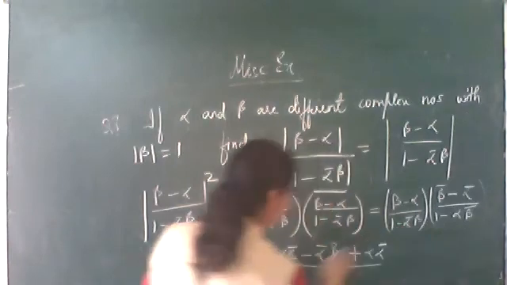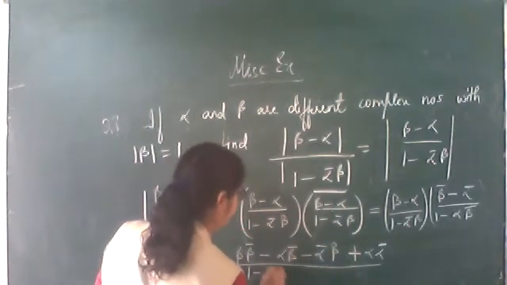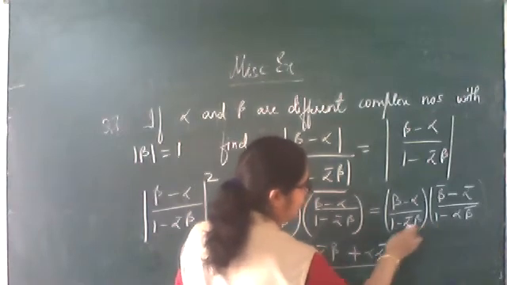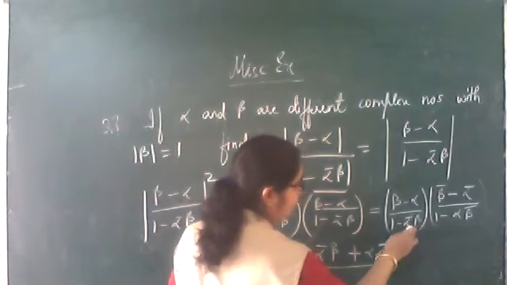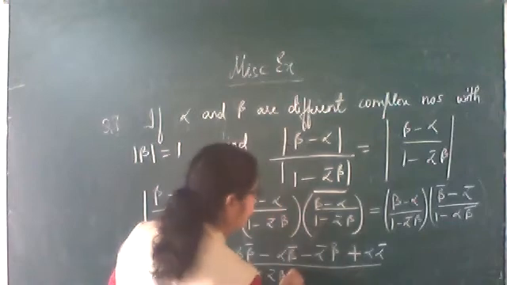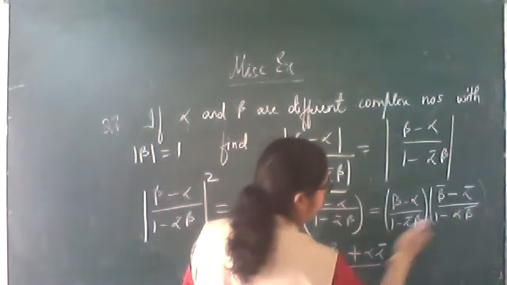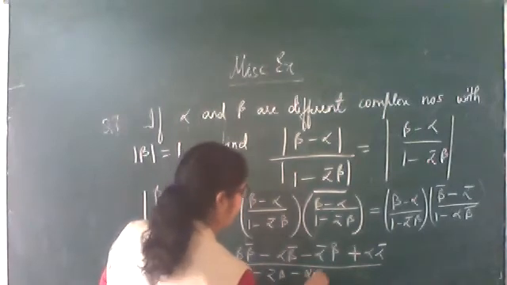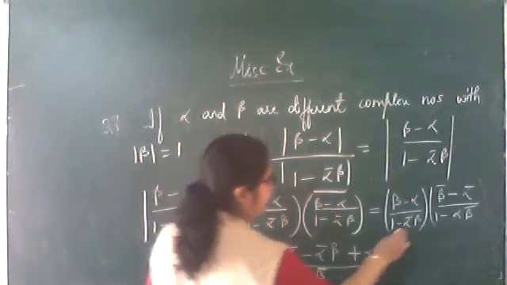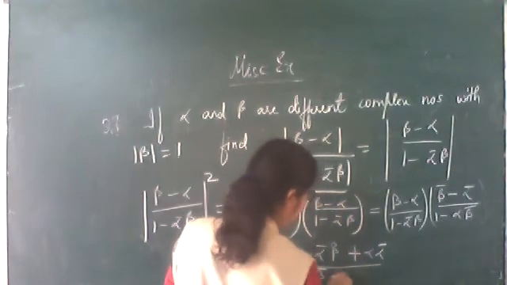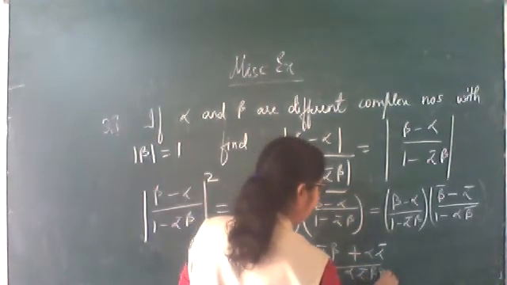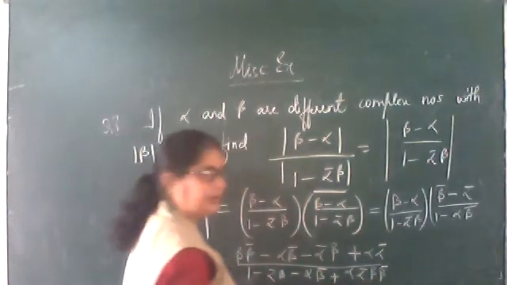So 1 into this will be 1 minus alpha conjugate beta. 1 multiplied by 1 is 1 minus alpha conjugate, 1 into alpha conjugate beta will be alpha conjugate beta minus, 1 into alpha into beta conjugate will be minus of alpha into beta conjugate, then minus into minus plus alpha into alpha conjugate beta into beta conjugate.